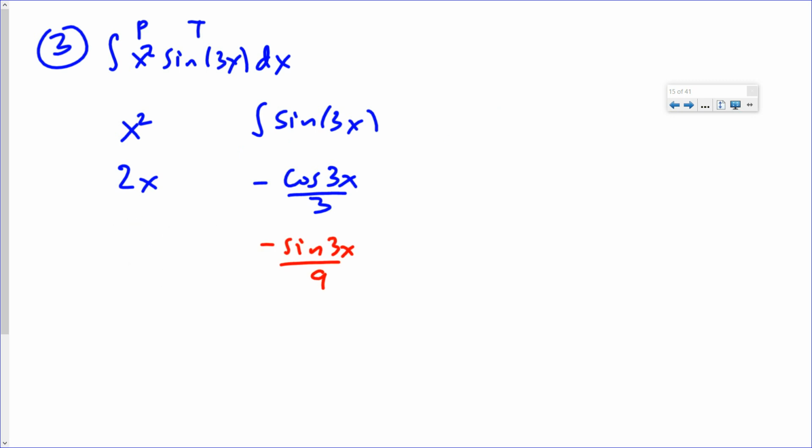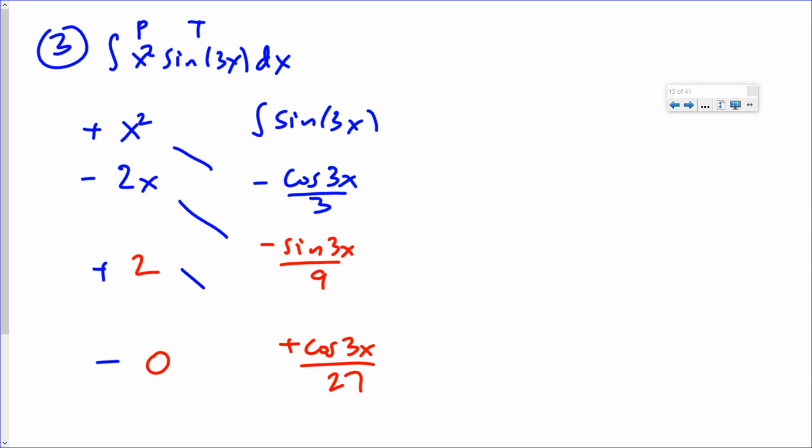And I'm trying to match this up. So this will match with the 2. And with the 0, I take the integral again. The integral of sine is negative cosine. So I'll have a positive here, cosine 3x divided by 3, which will be 27. Then I'm going to put a plus, minus, line.